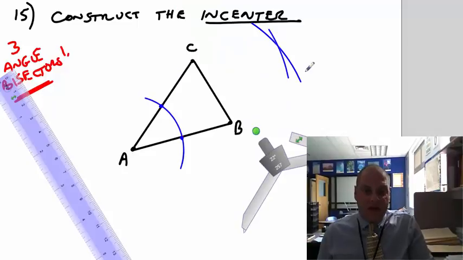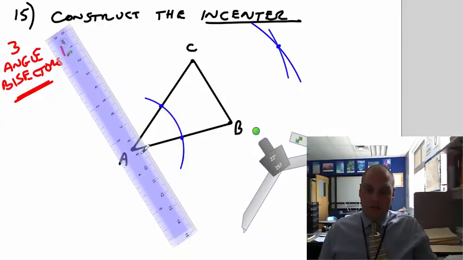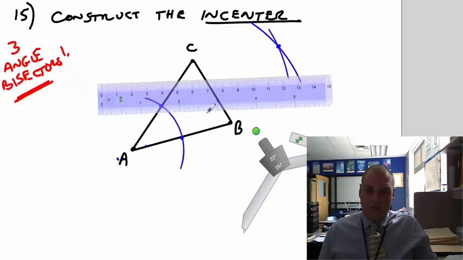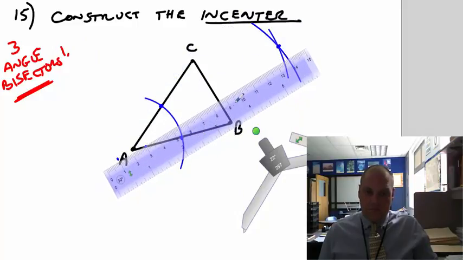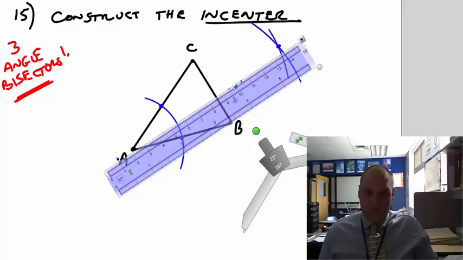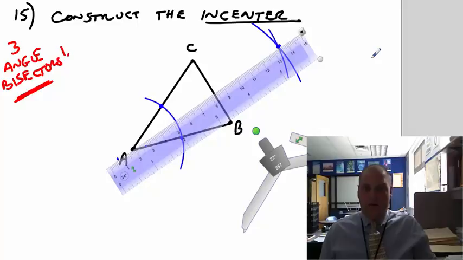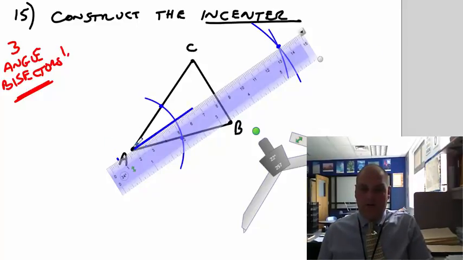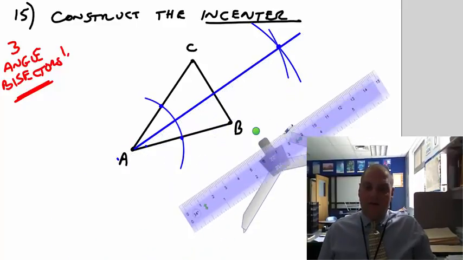So where they intersect, boom, and then I would draw with my straight edge. Rotate it more. There we go. With my straight edge, I will connect. You could probably go faster than I can with this thing. There we go. So there's one angle bisector.